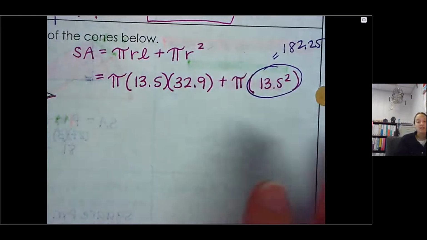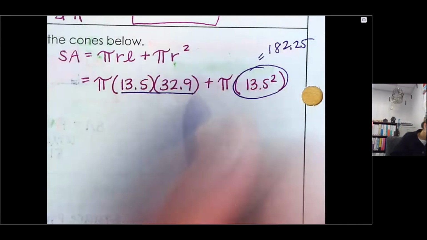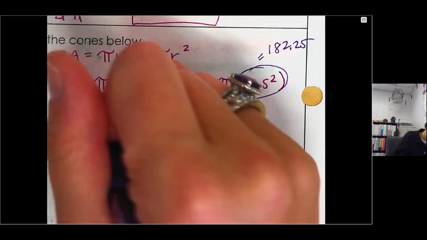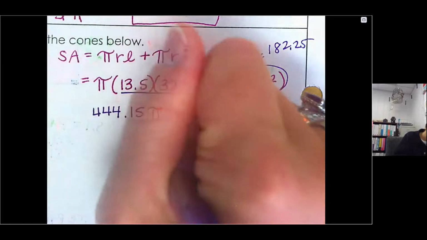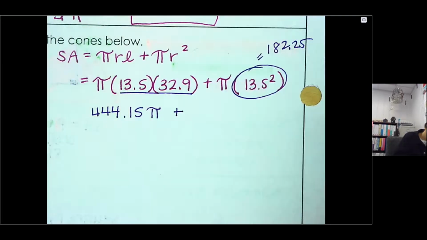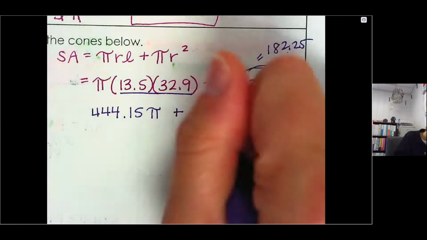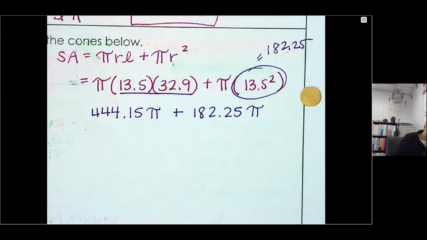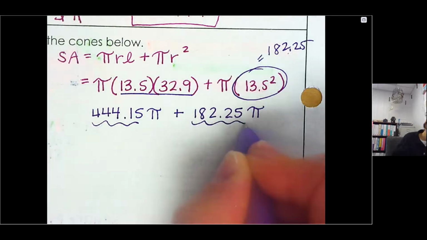And then time for some multiplication. So if I start on the left, 13.5 times 32.9 gives me 444.15 pi plus this just stays what it is, 182.25 pi. And if I'm exact, all I have to do is add the two terms together.